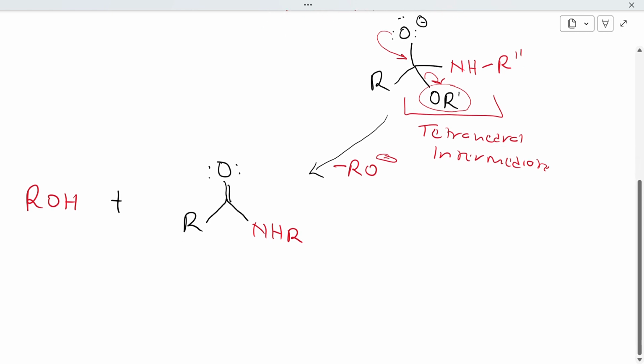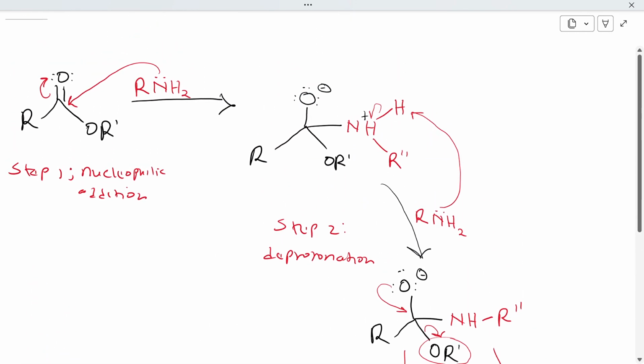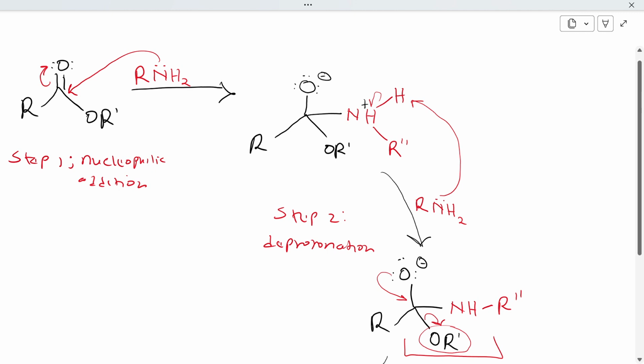So what have we formed? We formed a secondary amide. A secondary amide through that reaction mechanism.